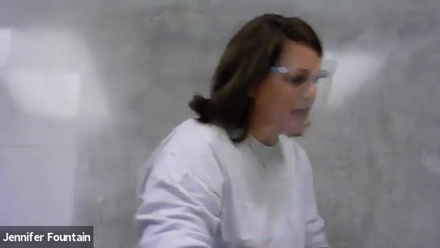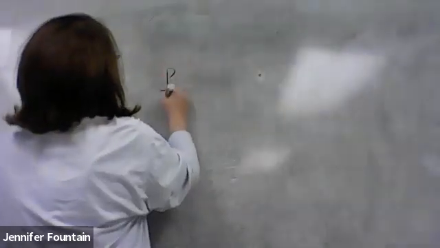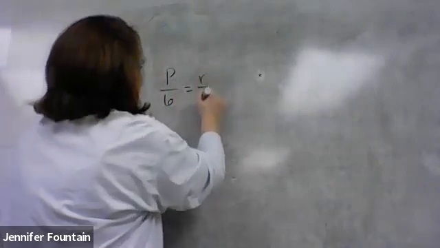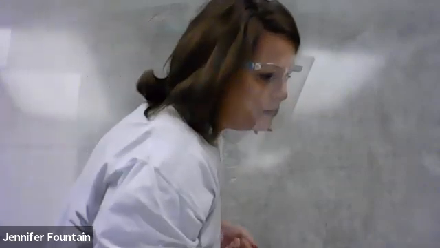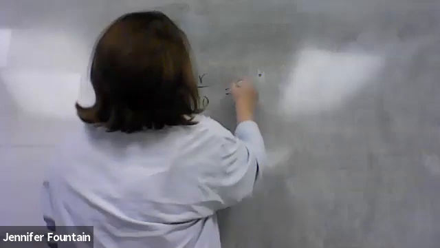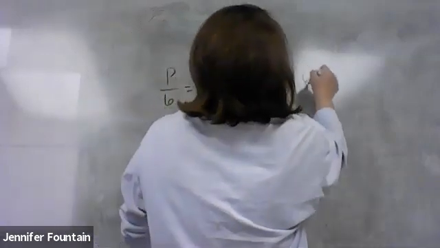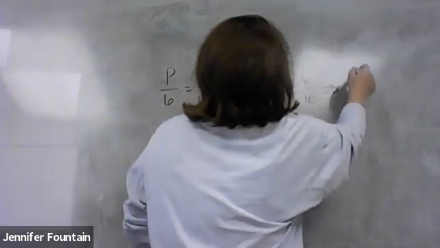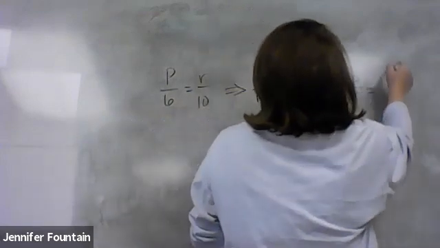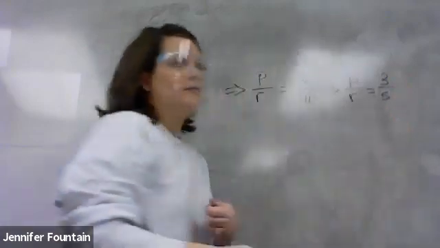So basically they started out and said P over 6 is equal to R over 10. Then P over R would be 6 over 10, but then P over R is equal to 3 over 5.